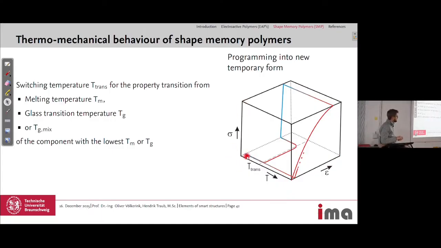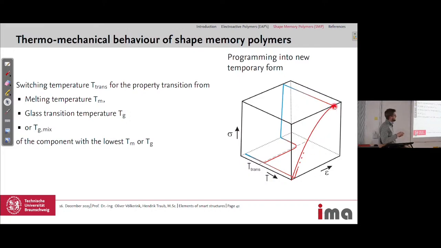We start here without stiffness with a cool material, and then we heat it up. And as soon as we have heated it up above the transition temperature, we can elongate it and apply stresses and strains.